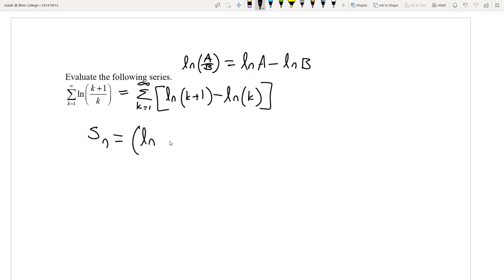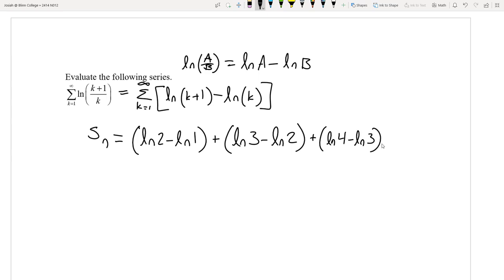Natural log of, we plug in 1, we get 2 minus natural log of 1, plus, plug in k equals 2, natural log of 3 minus natural log of 2, plus, we plug in 3, we get natural log of 4 minus natural log of 3, and so on, all the way up to we plug in n minus 1: natural log of n minus natural log of n minus 1, plus, we plug in n itself: natural log of n plus 1 minus natural log of n.